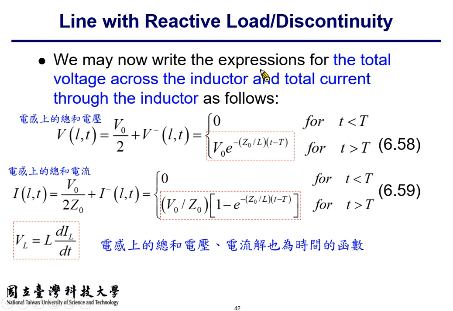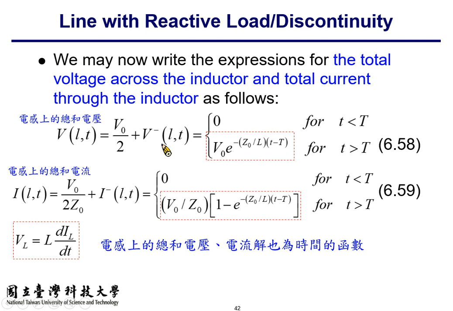So we may now write the expression for the total voltage across the inductor and total current through the inductor. Because what we have just derived is the V minus, the reverse going voltage signal, not the total voltage signal on the inductor. But it is not that difficult.